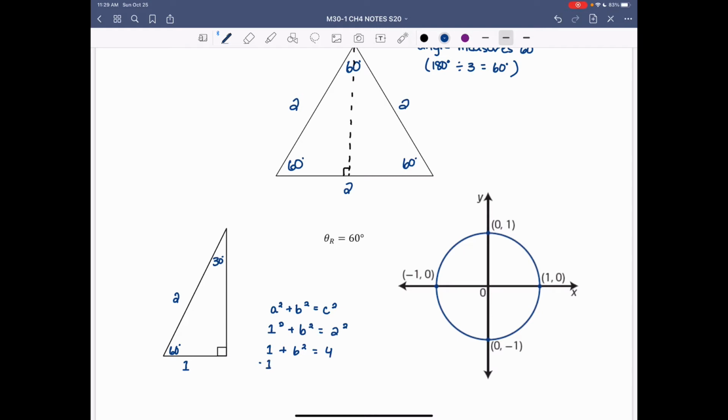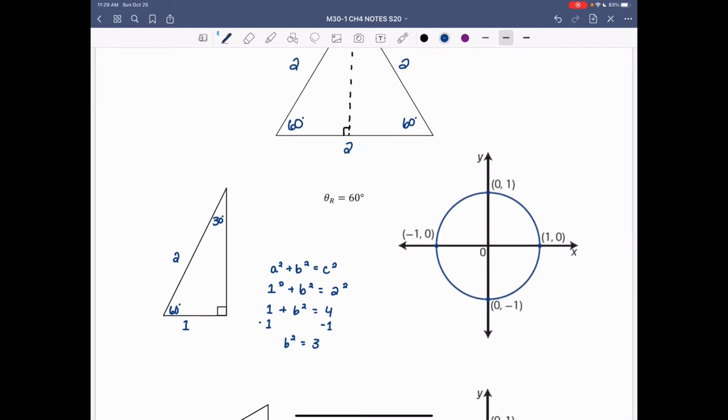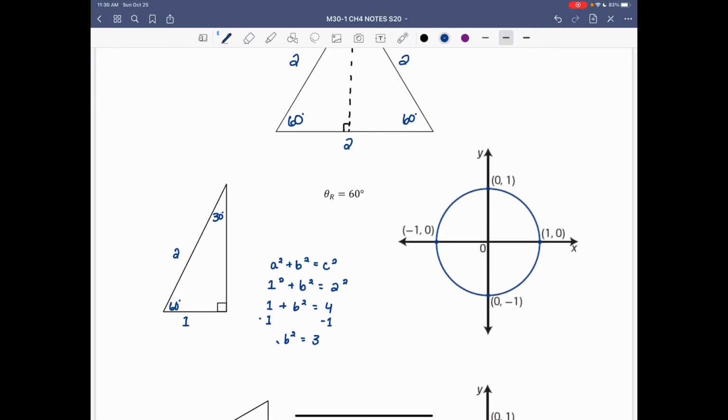Subtract 1 on both sides. We get b squared equals 3. And then we want b, not b squared, so we square root both sides, and we get b equals the square root of 3. So this side here is the square root of 3. So that is the 30, 60, 90 special triangle we learned in Math 20-1.